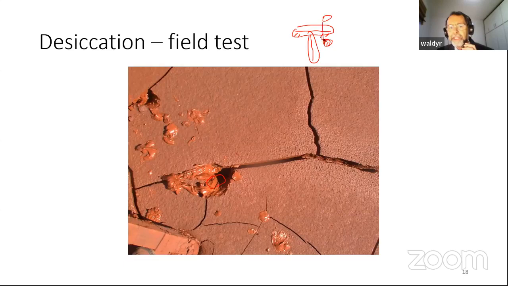So this exchange between atmosphere and soil may be blocked by this crust. You can discuss this, you can work on this. Sometimes what they do is rip this crust in order to allow desiccation to penetrate the soil.